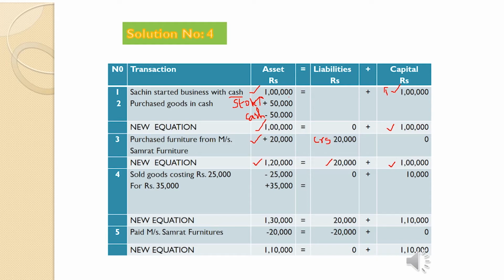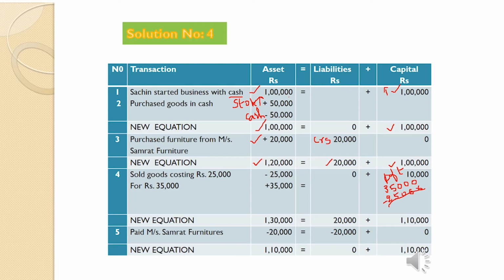The profit is rupees 10,000, that is 35,000 minus 25,000. 10,000 is the profit, that is a revenue for us.